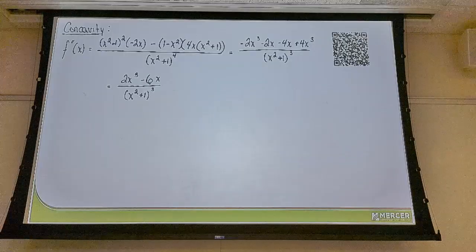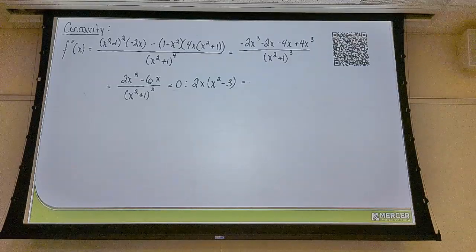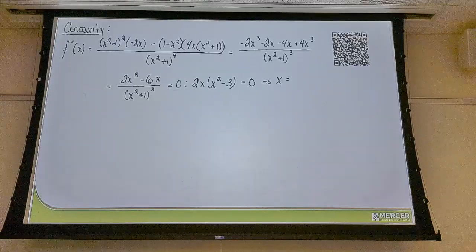Is there anywhere that is undefined? What are the solutions? Plus or minus root 3, and what else?